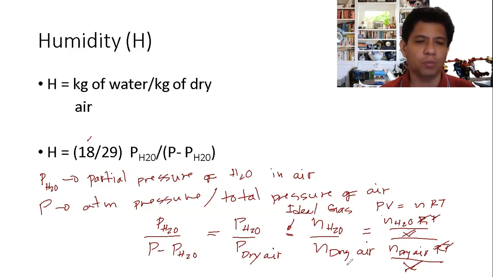And if you multiply dry air by 29, you're going to get the kilogram of dry air. So that's the justification of this equation. You really need to memorize this equation: humidity is equal to 18 divided by 29 times pH2O divided by P minus pH2O.